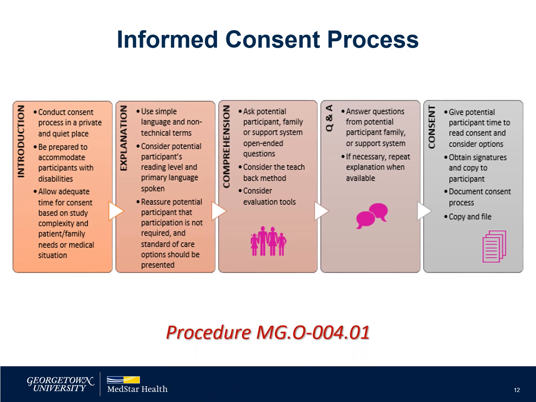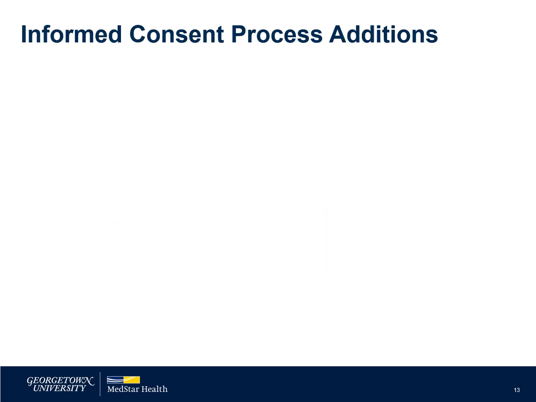These steps are covered in detail in the Informed Consent Process and Documentation Procedure MG-O-004.02. All informed consent process components that we will discuss assume that you have a clear understanding of these steps. If you are unsure about any of these 5 elements, please take a moment to review the procedure before continuing.